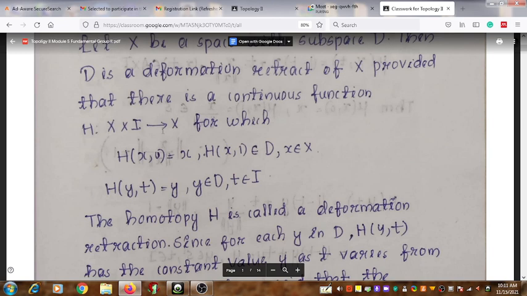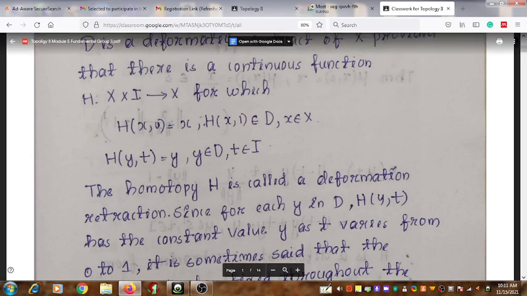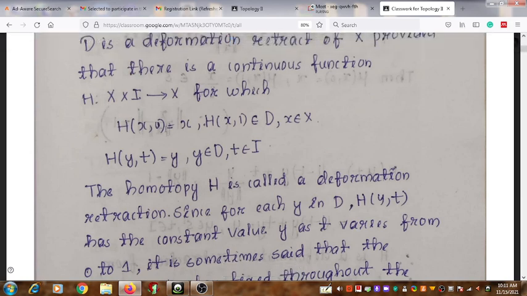H is defined from X cross I to X such that the continuous function satisfies h(x,0) equal to x. Here the second coordinate position is 0. So when the second coordinate is 0, for any point taken in the first coordinate position, the function maps it to the same point, that is h(x,0) equal to x.